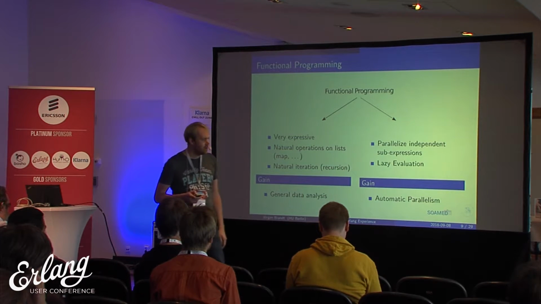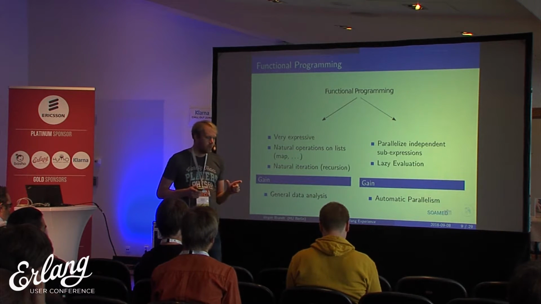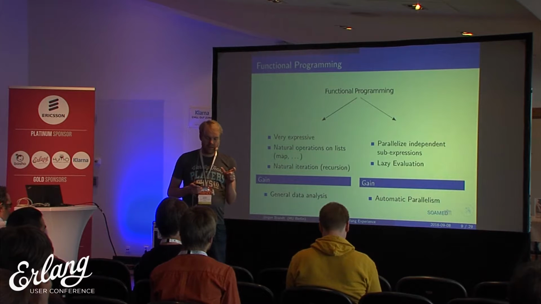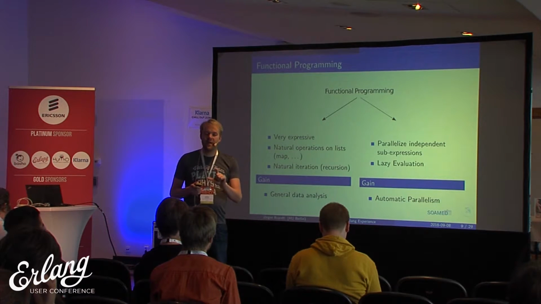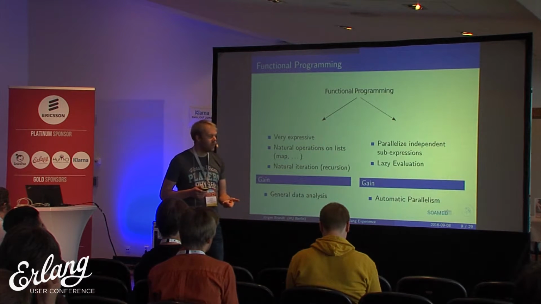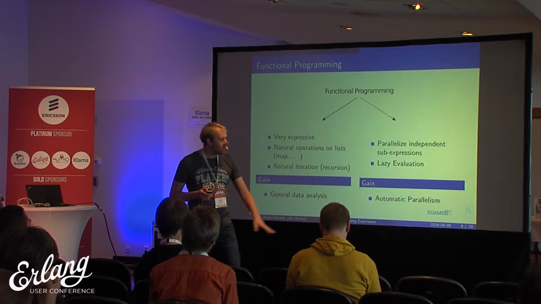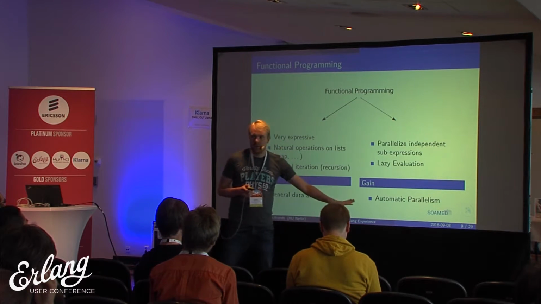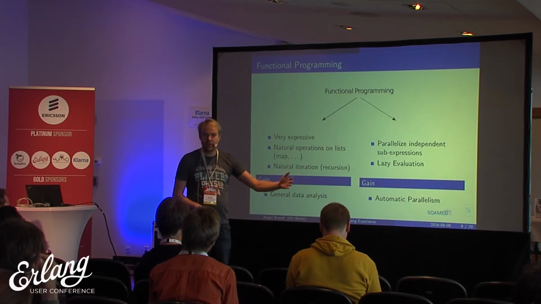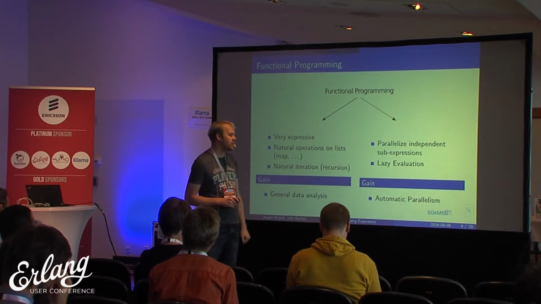So in functional programming, when you have an expression that is combined of sub-expressions, it doesn't matter in what order you evaluate the sub-expressions. And if it doesn't matter in what order you do it, you can also do it at the same time. And from this, we can automatically derive from a script that you give us, without the user having to do anything, what can be done in parallel and what not.